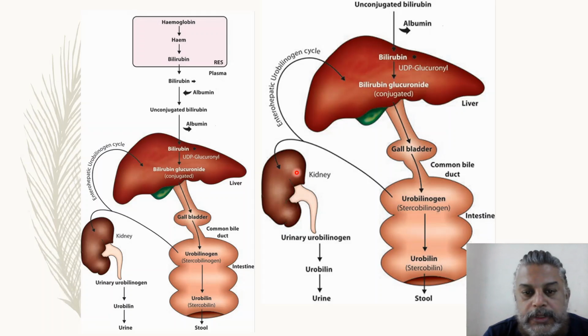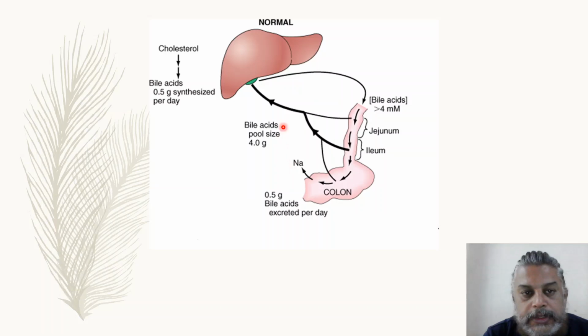Some part of this bile is circulated in the enterohepatic circulation, that is, the total bile acid pool is 4 grams. This is excreted and comes into the small intestine and colon. From here it is absorbed and goes back to the liver.